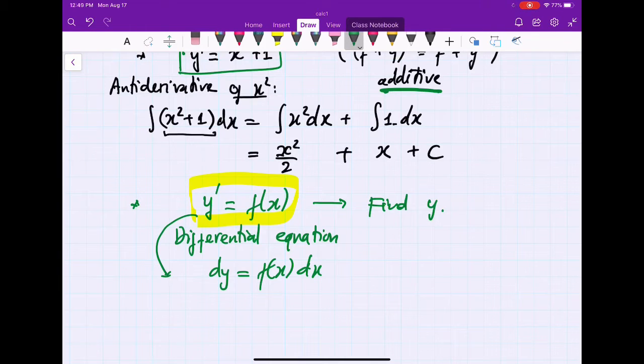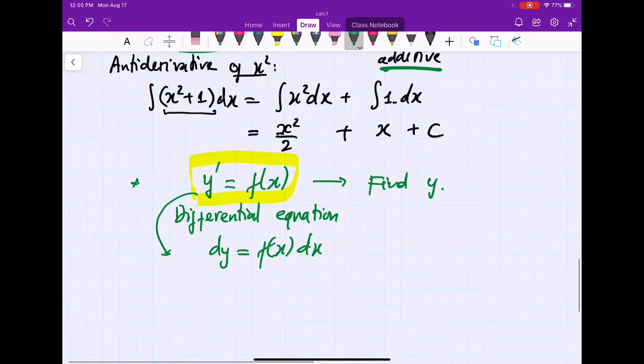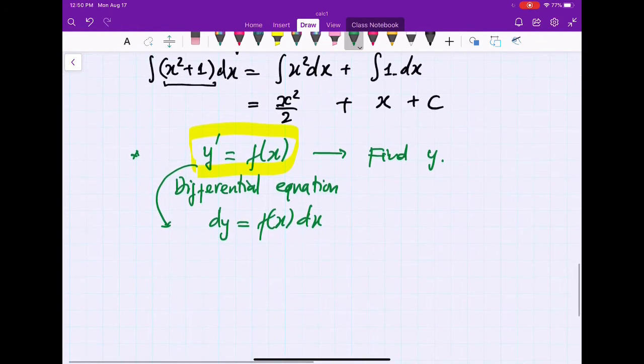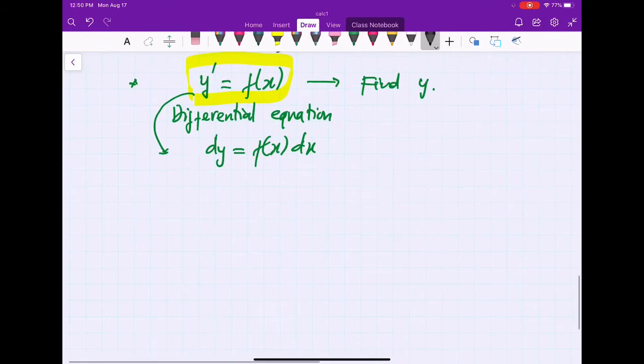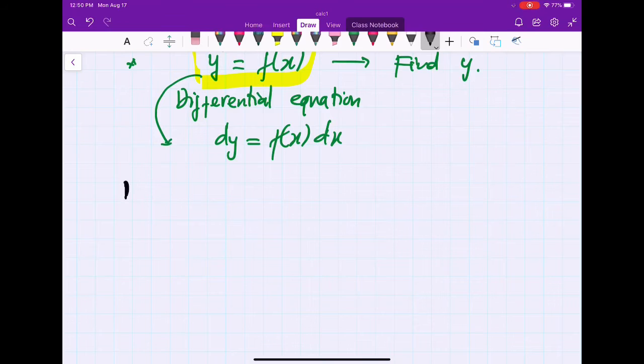Okay. Now let's talk about some properties of antiderivatives and some well-known formulas. And you see right now that differentiation does the work, even when we do anti-differentiation. Properties.